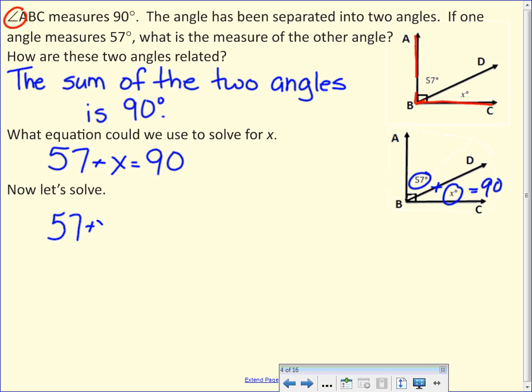So 57 plus x, what do I write now? Not minus x. Good. Minus 57 equals 90 minus 57.